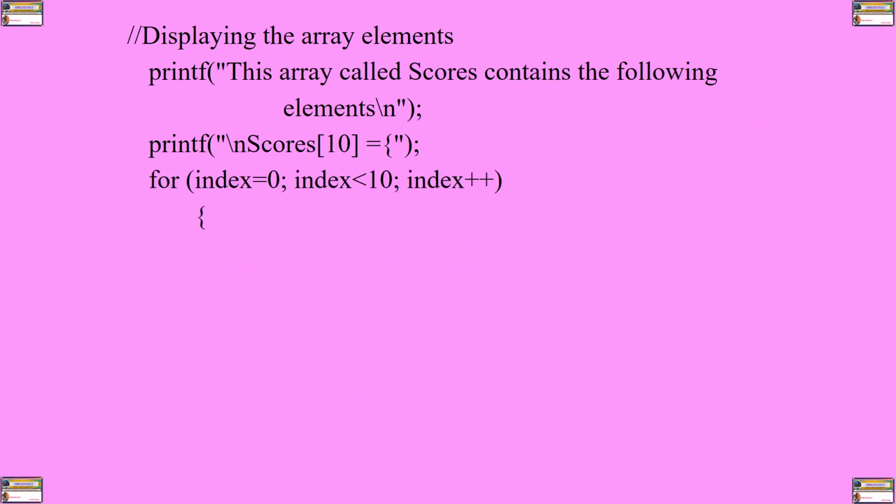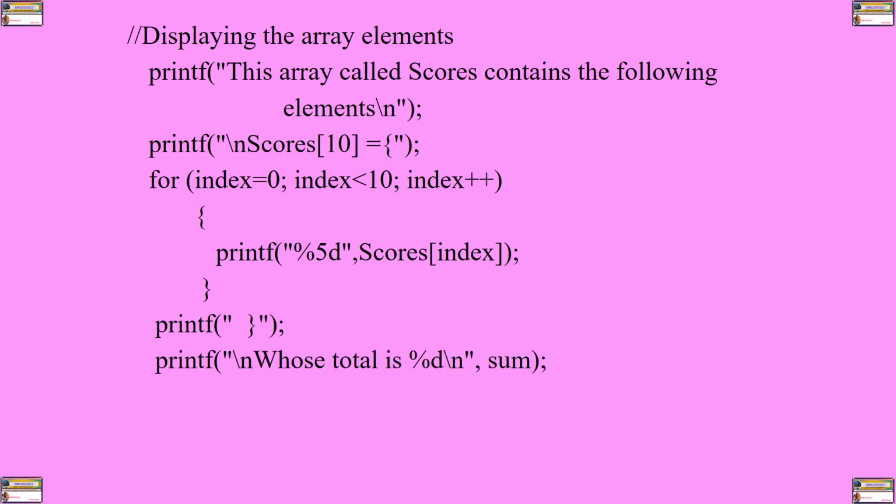The reading will continue until the value of index is no longer less than 10, and then the loop will end. That will mean that all the elements will be displayed on the screen. Then this brace will be written on the screen, followed by this statement, whose total is.